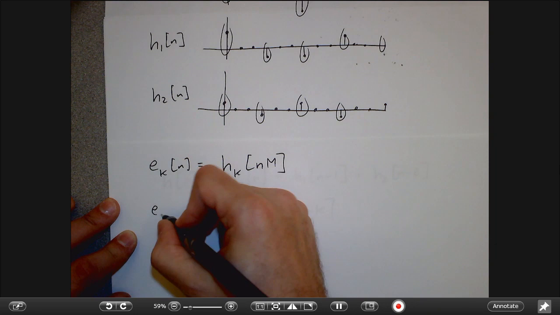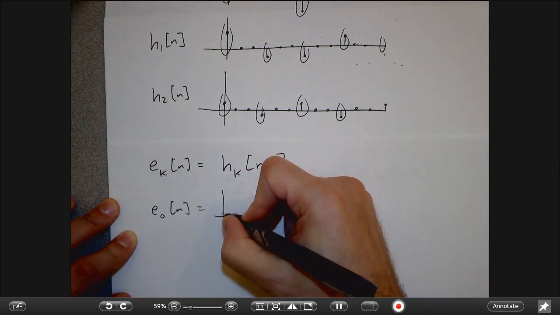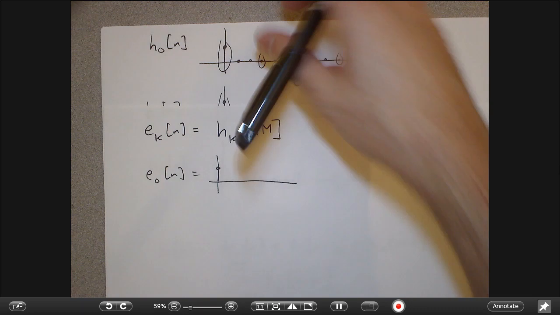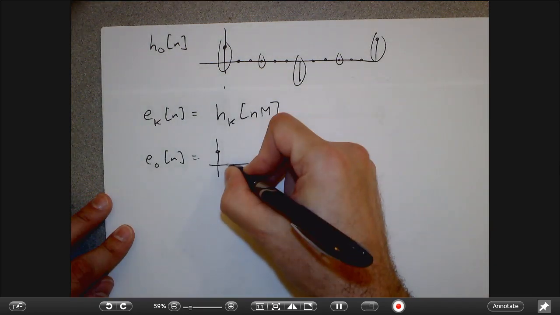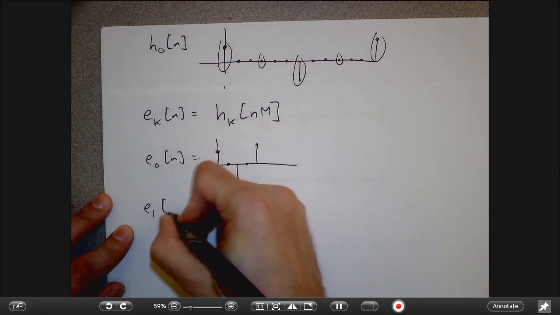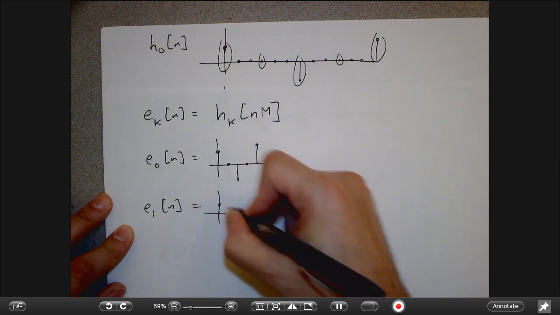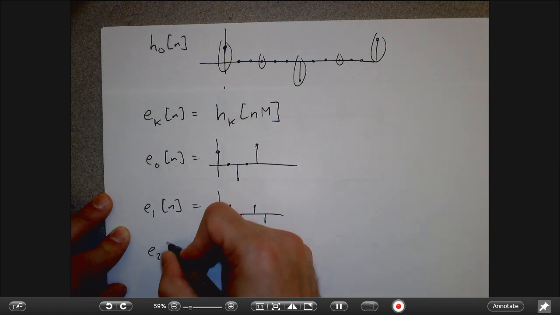So for example, my E0 of n is simply going to be these entries of h, and I'm going to take them every third unit so that I never get any empty space, whatever this turns out to be.